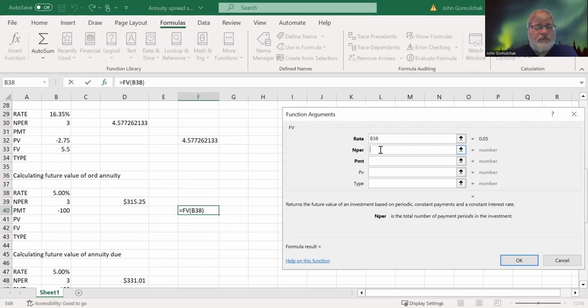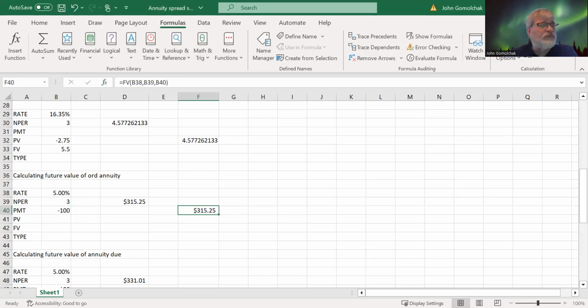Number of periods, I'm going to use B39. And now I have payment. It's the first time we're using payment because we're making that annuity payment. And so the payment is going to be cell B40. And then I just hit OK. $315.25 is what our calculation on the spreadsheet comes to. And that's exactly what the book said it should be, $315.25.